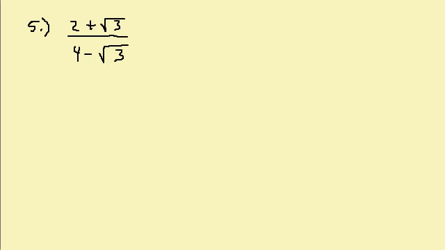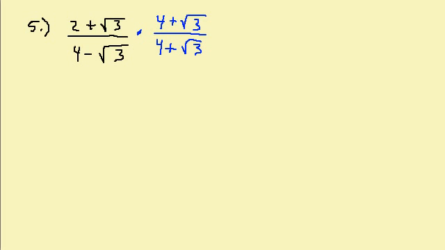So the way that I get rid of the radical is I multiply the numerator and denominator by the conjugate of the denominator. And the conjugate, what you do is you change the sign in the middle. So this is going to be 4 plus the square root of 3. Okay, that's the conjugate of the denominator. So that means I have to multiply the numerator by 4 plus square root of 3 also.